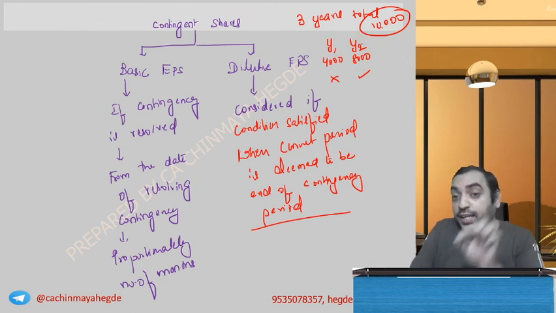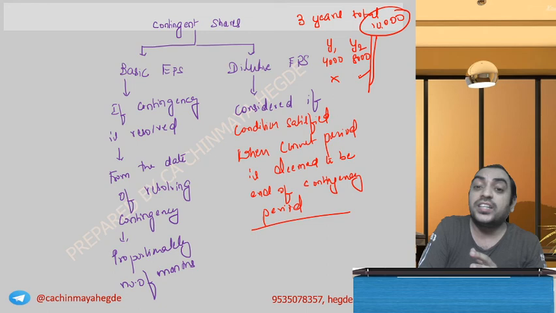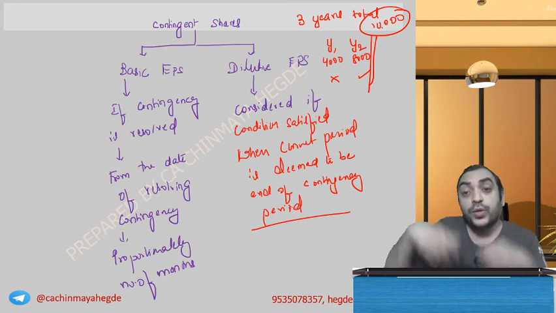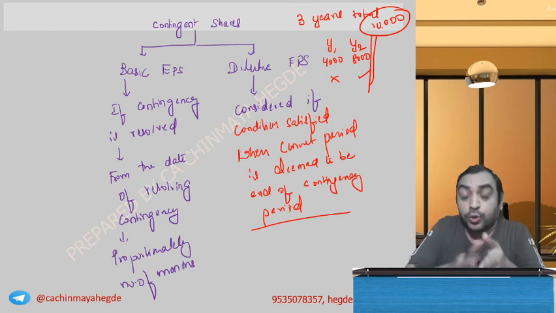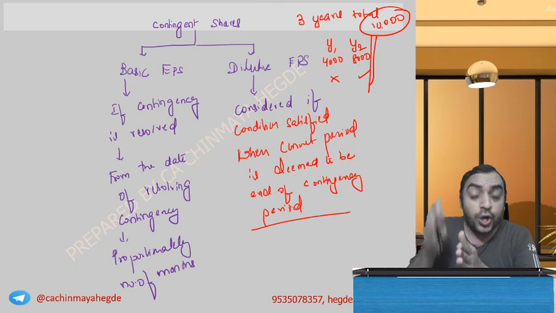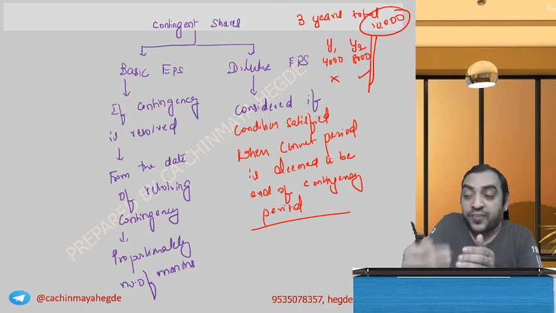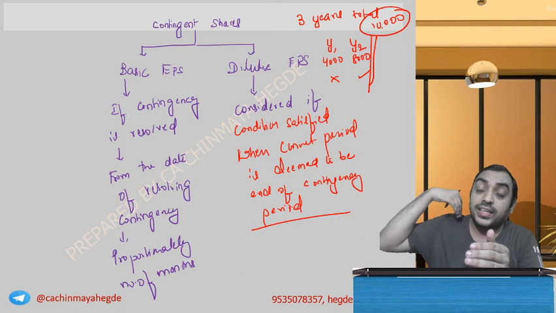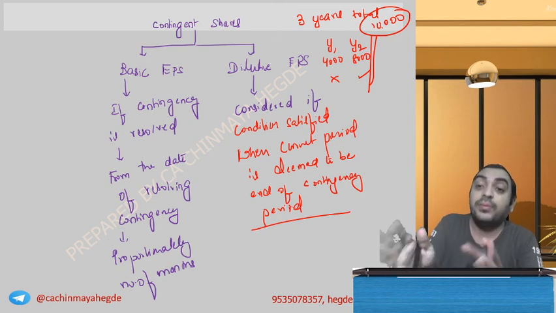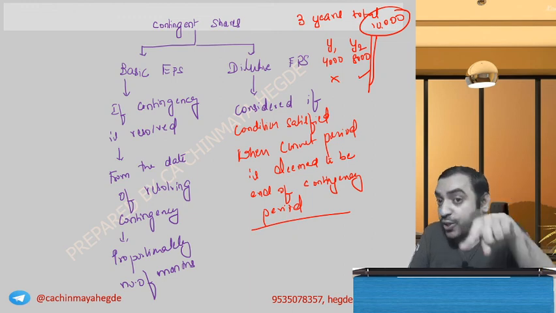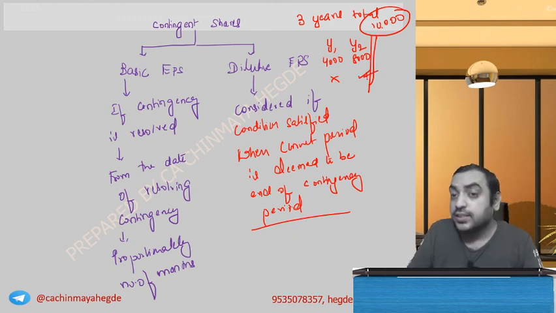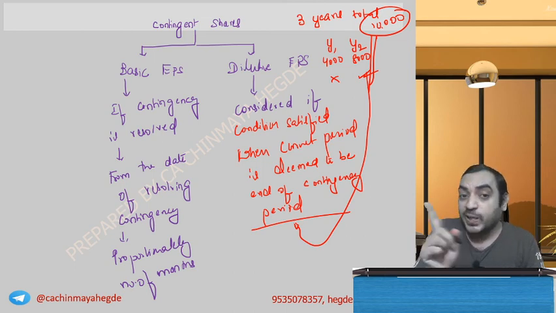But if you deem year 2 as the end of the contingency period, for the purpose of diluted EPS, the date on which you are preparing the financial statements is considered to be the contingency period end. Will you satisfy the condition in that scenario? In this example, yes. So for year 2, don't take it in basic EPS, take it in diluted EPS.